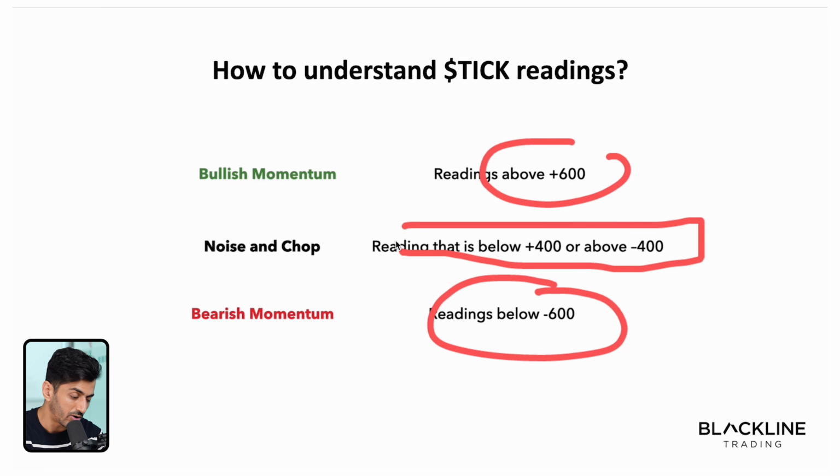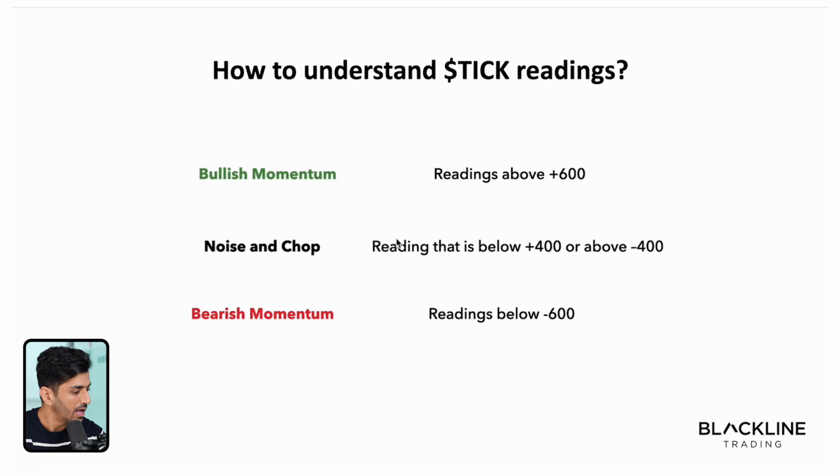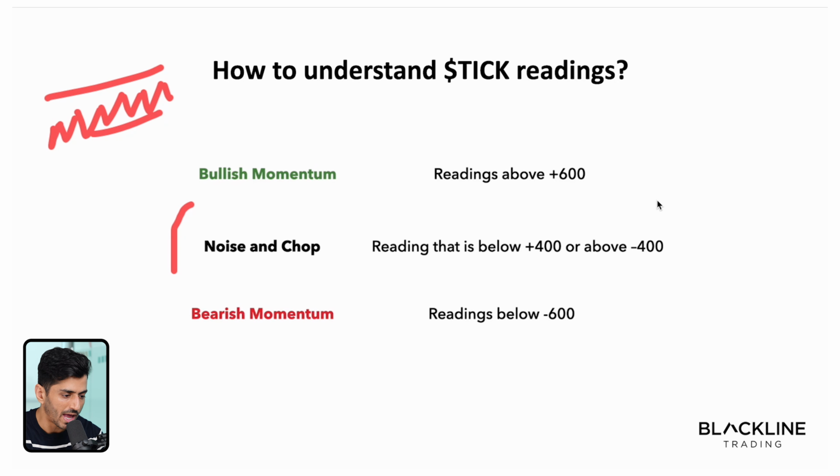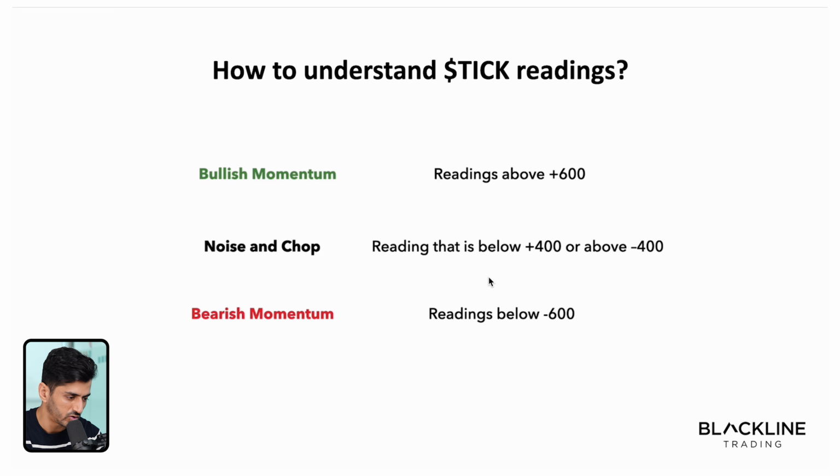And then you corroborate that with the price action. Whenever the price is, let's say, trading in a range and not really showcasing anything, and the reading is also not giving you any strong indication and is staying between plus 400 and minus 400, that is usually an indication that you should sit on your hands and not really take any solid trades.